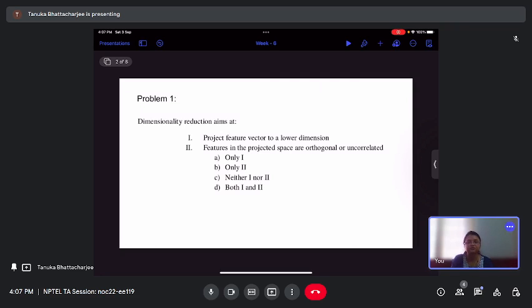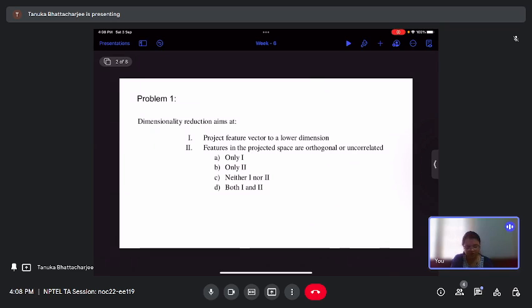Whatever information is present in feature 1 has no dependence on what is present in feature 2. So there is no redundant information, and you just want to get rid of all the redundant information, and for that reason you try to make the features orthogonal in the projected space.